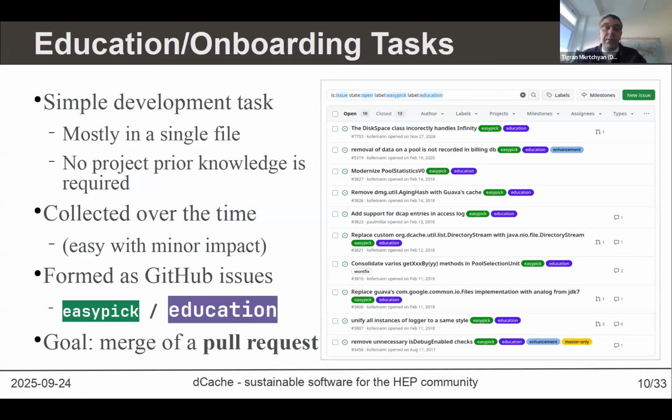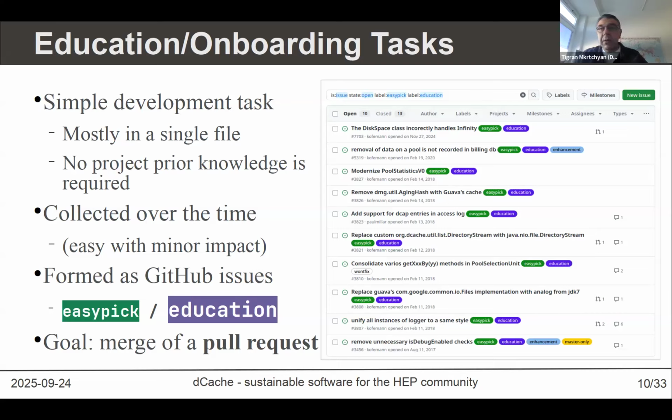Onboarding is a very important part of the developer process in general. To make it simpler, we keep a set of tasks on our GitHub issue page, which are marked as easy pick or educational tasks, which newcomers can do.